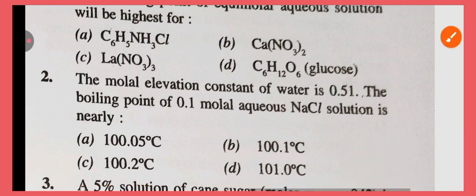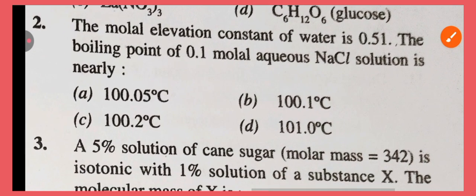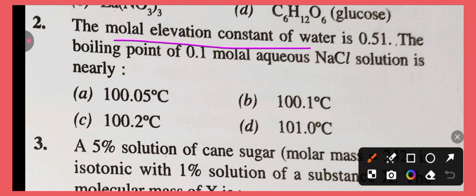Understand? Then move to the next question, that is the molar elevation constant of water. Molar elevation constant of water is 0.51. Molar elevation constant of water means Kb is equal to 0.51.